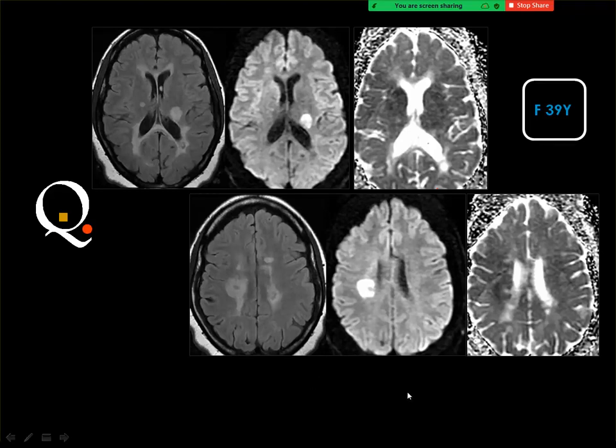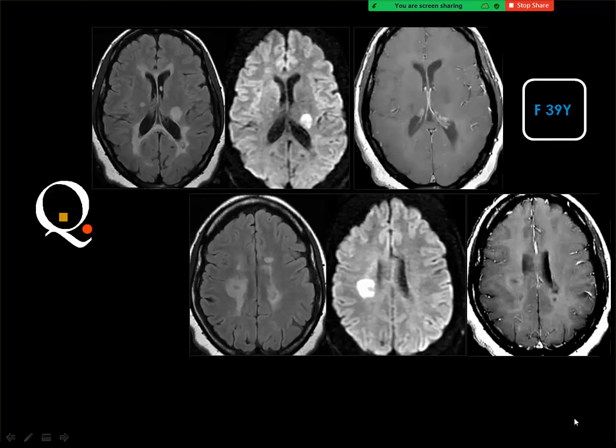This is maybe one of the indications that these big lesions with restricted diffusion may be active. The answer is MS, and these are the post-contrast images, and you can see very faint enhancement in this lesion, and also here the same.